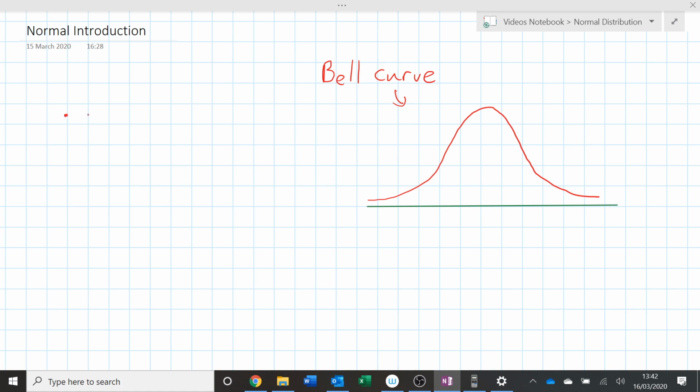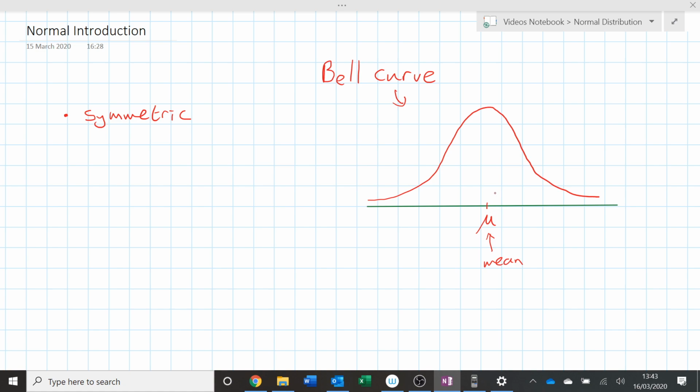It is symmetric. That's an important thing to know about it. In the middle of the distribution it has the mean, and since we're going to be talking about a population, I'm going to put mu, which is the mean.